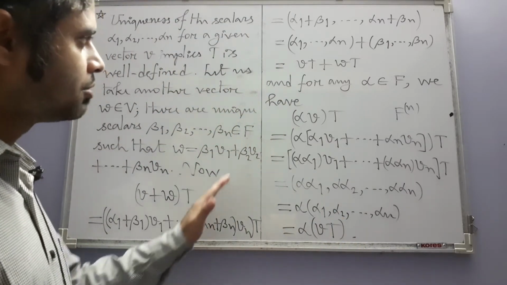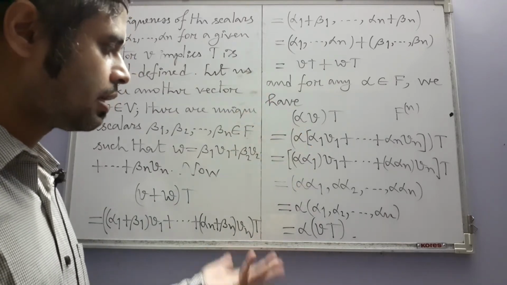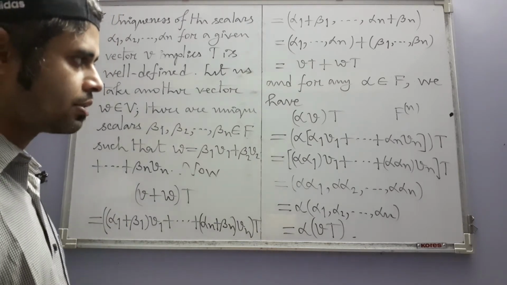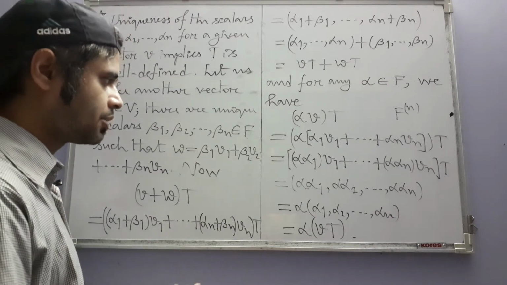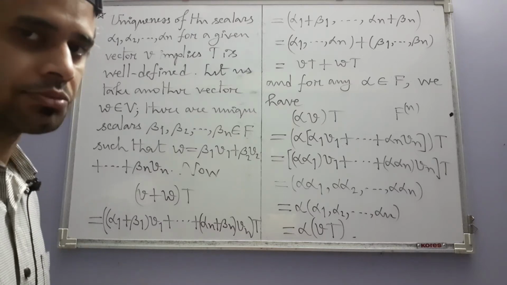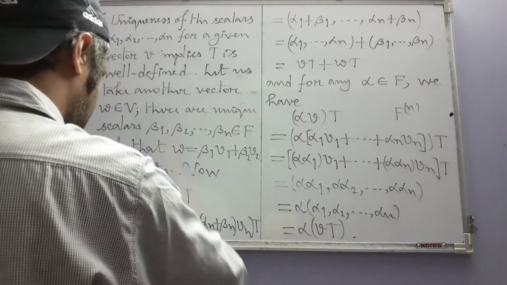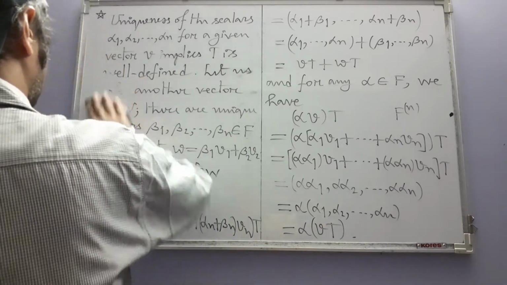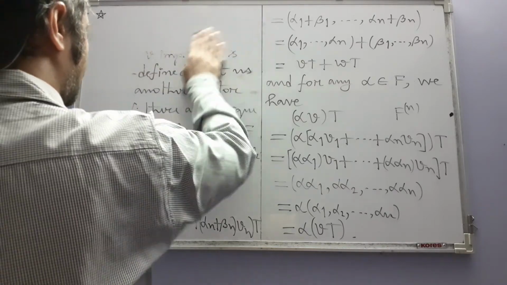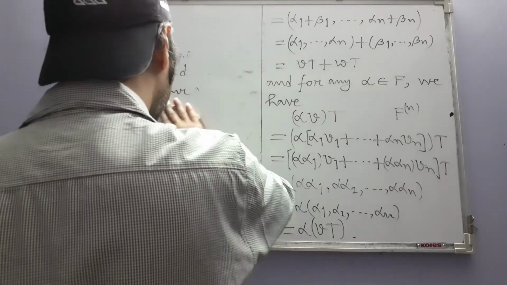So T not only preserves or respects addition, it also preserves scalar multiplication, and that is why T is a vector space homomorphism, which also sometimes, in fact more frequently, we call such things linear transformations. So we now have a well-defined linear transformation or homomorphism from V into Fn.